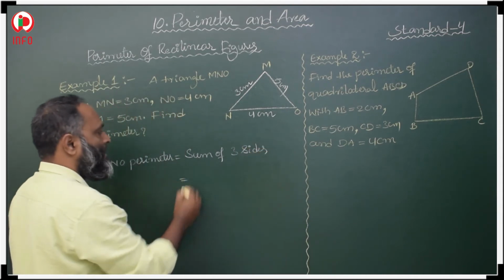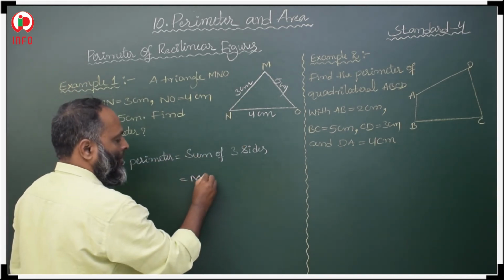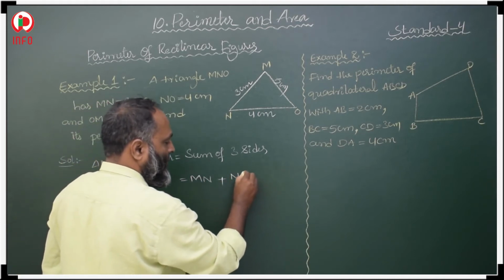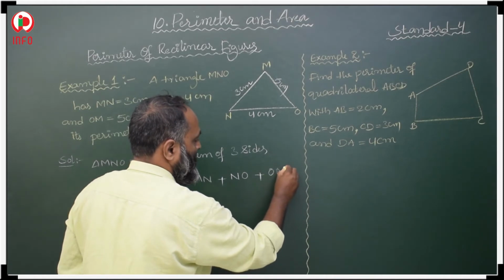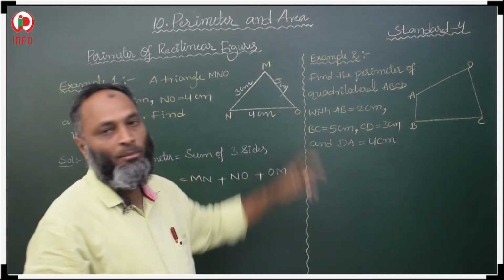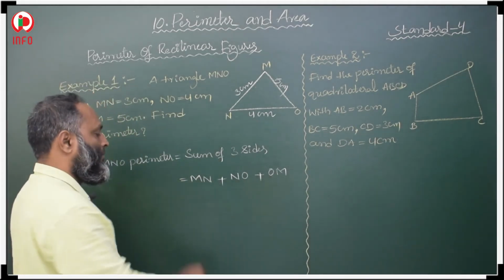So what are the sides here? The first side is MN, the second side is NO, and the third side is OM. MN, NO and OM. These 3 side lengths we should add.